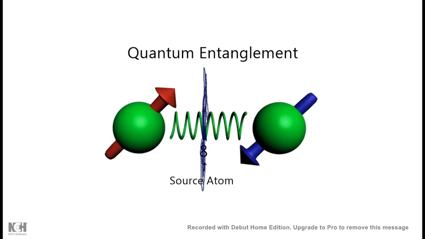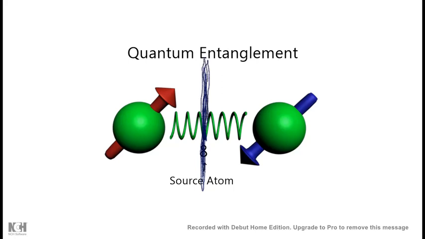Let's say we're working with photons. We stayed with photons with the double slit experiment, and we're going to stay with photons here for the moment. So this source atom is so excited that it produces two photons, both at the same energy level from the same atom.